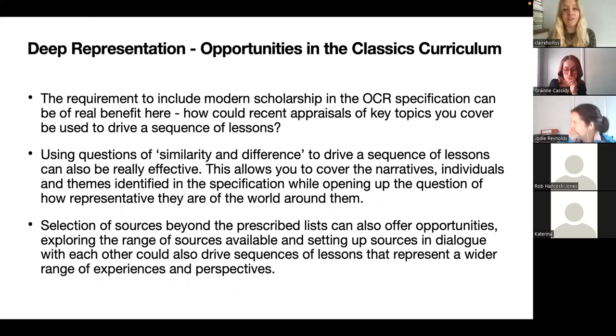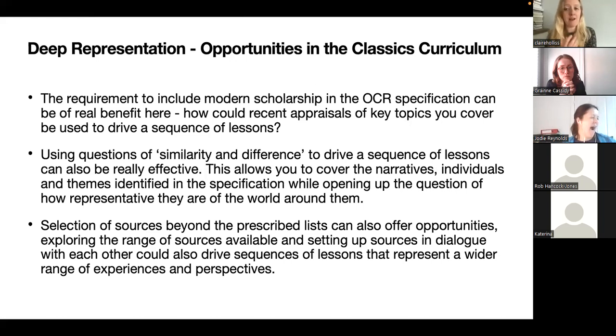Another approach, which I find works in history and may well work in classical civilization too, is using ideas of similarity and difference. So taking the central story that you've got to teach, whether that be about Augustus or something from the World of the Hero course, and placing it in the context of how far this represents the full range of options, the full reality of the period or what's going on at the time.